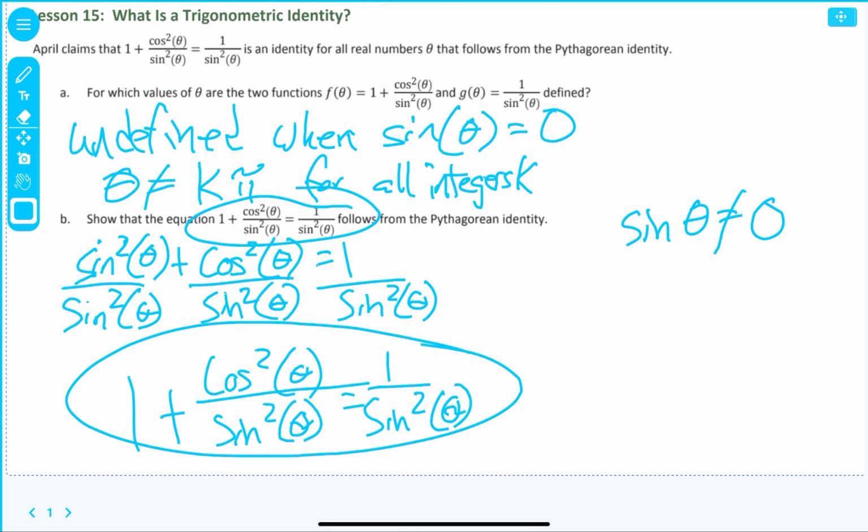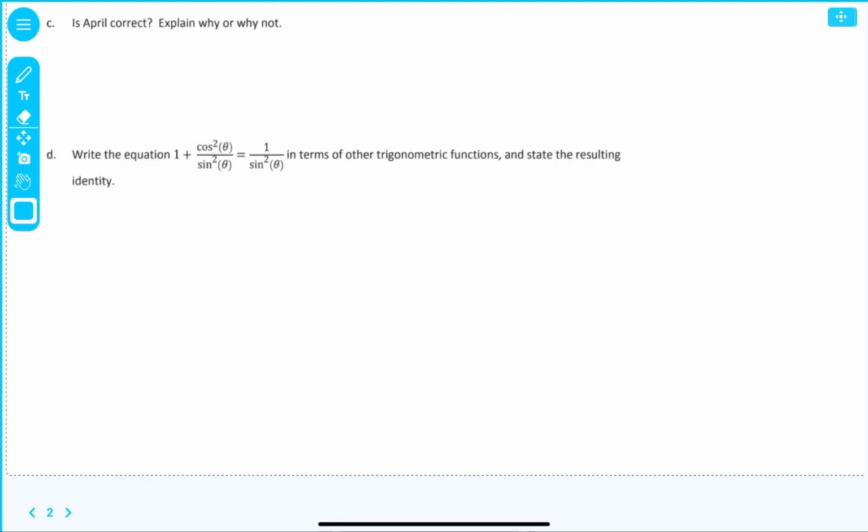There we go. It's exactly what we got. All we had to do was look at our equation. We see that somehow they divided by sine squared theta because it got on the bottom somehow. So let's try it. Divide everything by sine squared theta, and it ends up being exactly what your problem was. So yeah, it does follow as long as sine's not 0. Okay? All right, go to page 2.